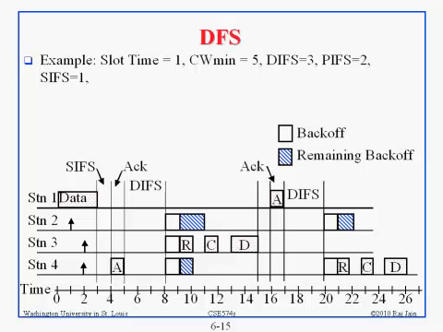So if that is clear as to how the NAV is used, during the NAV there is no sensing, no backoff, nothing. So NAV is basically a period for waiting. So if you see a frame, there is a duration field in the frame. For that duration, you set your NAV, which is a timer, to that value, and then after that time you come back and see what's happening.